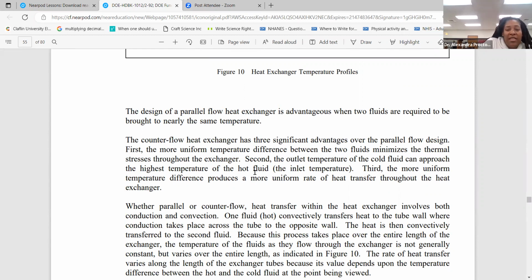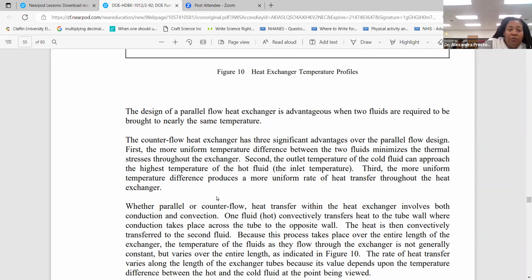The counterflow heat exchanger has three significant advantages over the parallel flow design. First, the more uniform temperature difference between the two fluids minimizes the thermal stress through the exchanger. Second, the outlet temperature of the cold fluid can approach the highest temperature of the hot fluid, or the inlet temperature.